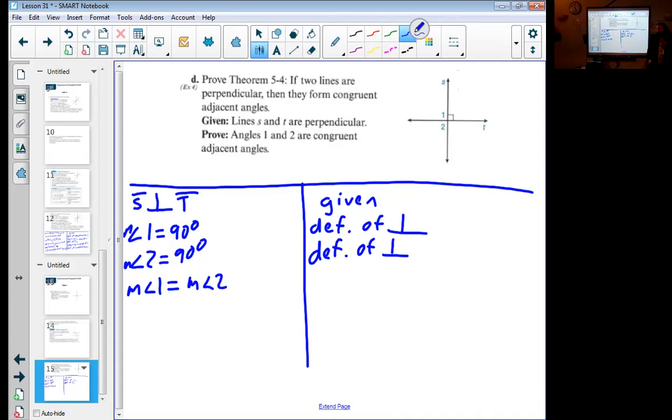Now, here is where you have a choice, because we can say that these are equal to each other because you're going through 90 degrees, which will give you the transitive property.